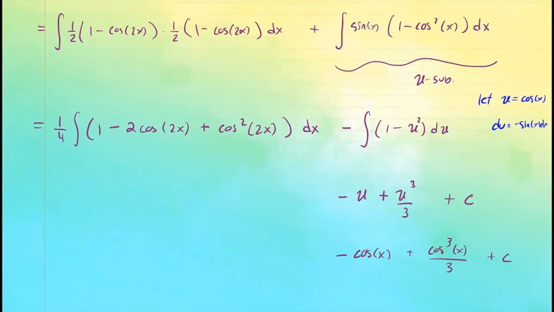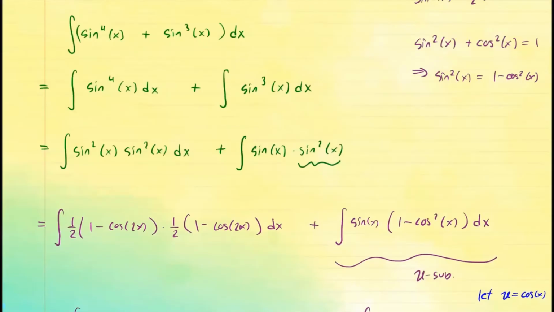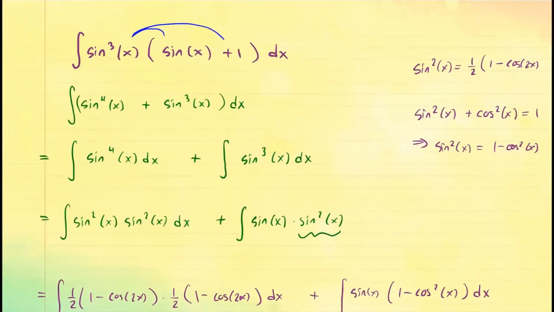Now, before I integrate this one, I need to apply the double angle formula for that one. So if you go up, the double angle is for sine squared of x. That means if you're looking for the double angle for cosine, cosine squared of x is equal to 1/2 times 1 plus cosine 2x. So that's for cosine squared of x.